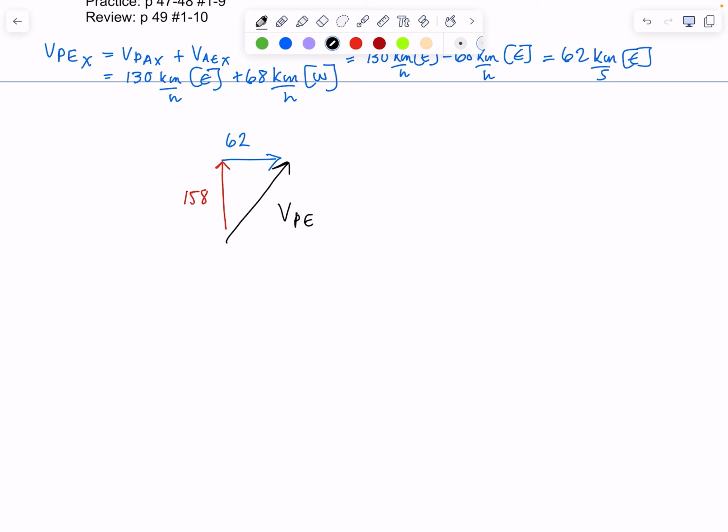And our answer is always the hypotenuse, which we find as the square root of 62 squared plus 158 squared. If we find the answer with our calculator, we end up with 170 kilometers per hour. That's the magnitude of the velocity of the plane relative to the Earth.